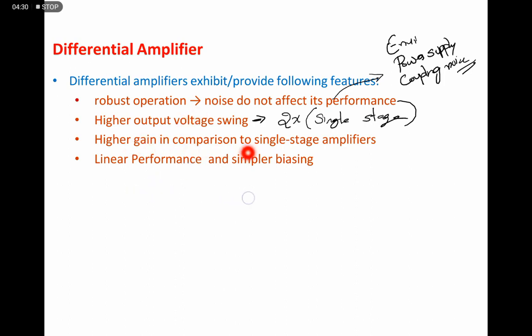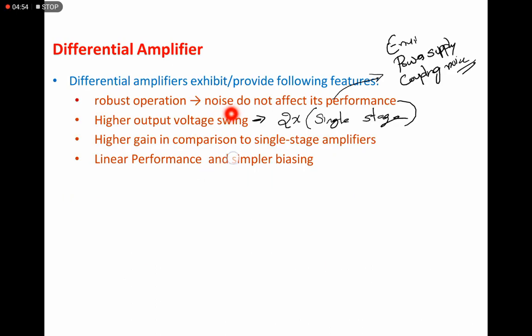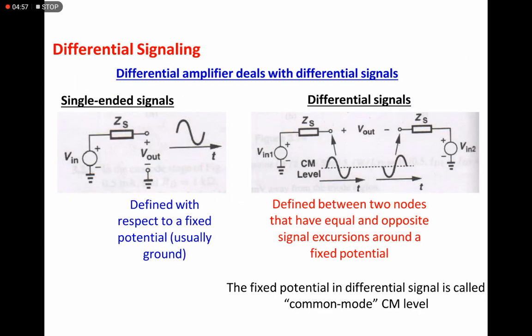We know the ideal gain of an op-amp is infinity, and its performance is in the linear region of the amplifier, so it gives more linear performance. The noise due to higher-order frequency terms is absent in a differential amplifier. So these advantages are important, and most of them, like noise rejection, come from the basic concept of the differential signal.